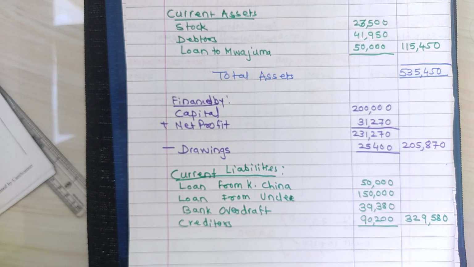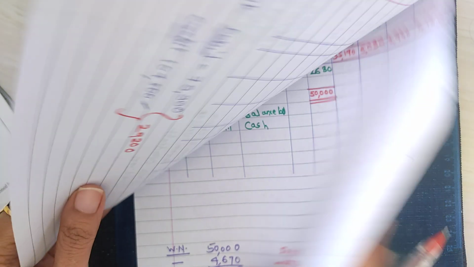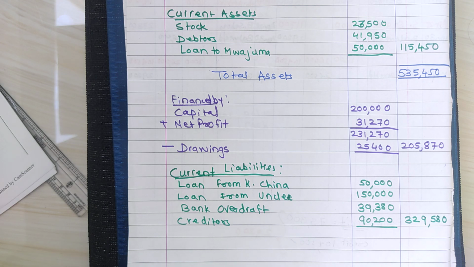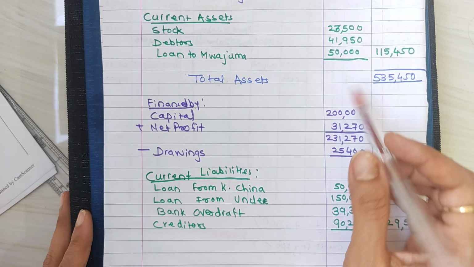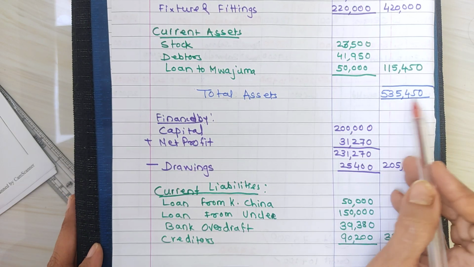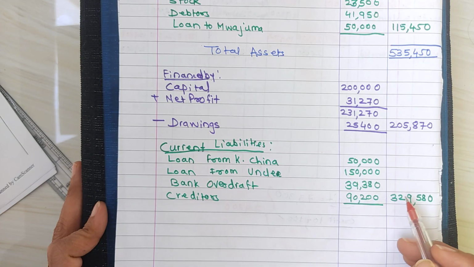See, sometimes you can also find this type of solution. See very carefully. Some people also write total assets, then they deduct all these liabilities.